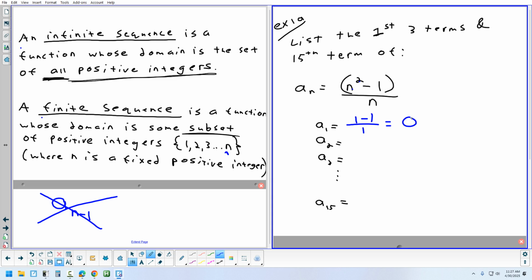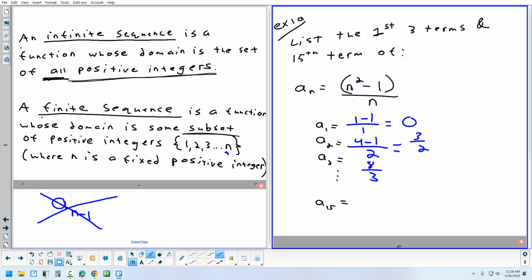Plug in 2. What's 2 squared? 4. 4 minus 1. Again, I'm just filling in 2 for both my n's. 3 halves. That's going to give me 3 halves. Okay, let's find the third term. What's 3 squared? 9. And 9 minus 1? 8. So that's 8 thirds.